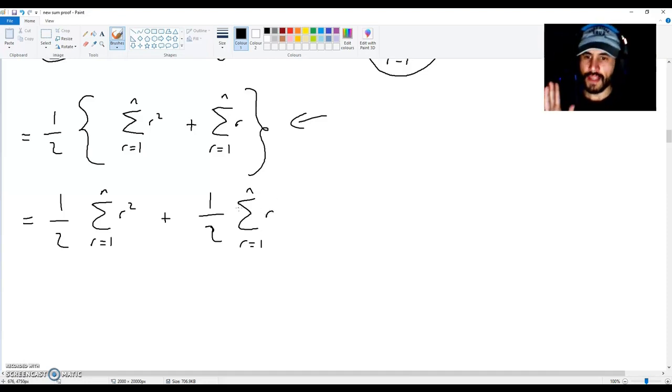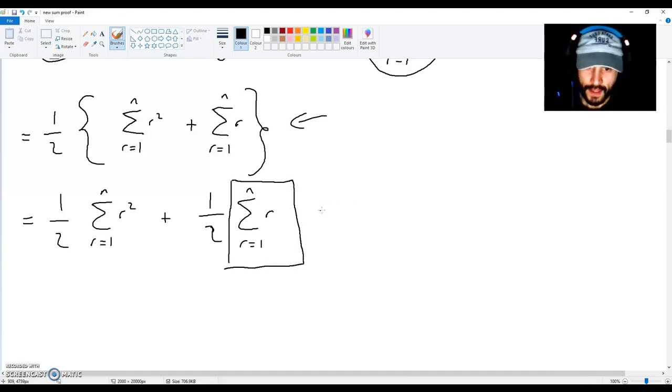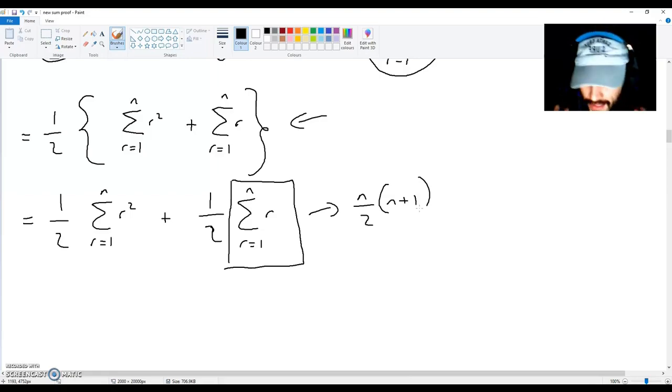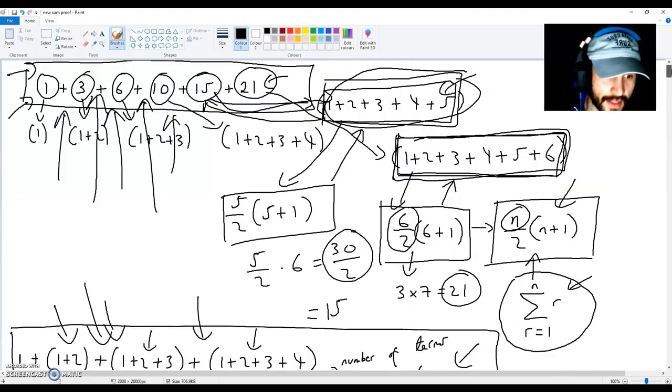Now it turns out that this over here is equal to n over 2 multiplied by n+1. I already demonstrated this to you at the start of this video here.